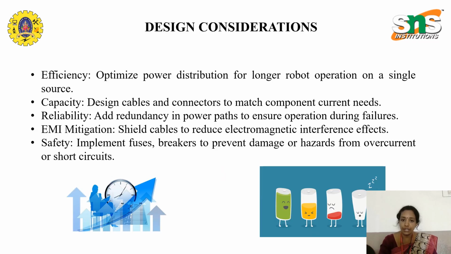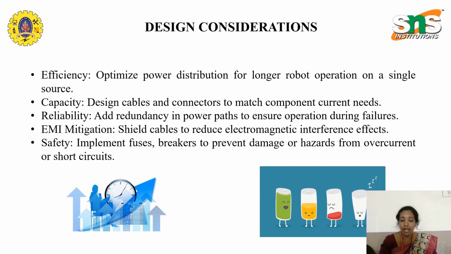The design considerations of the robot involve efficiency, capacity, reliability, EMI mitigation, and also safety. Efficiency involves optimizing the power distribution for longer robot operation on a single source. The capacity involves designing the cables and connectors to match the component current needs.